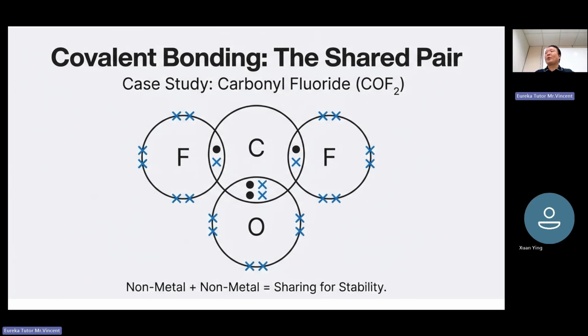The atoms share electrons to achieve stable outer shells. You can see that they become a very steady structure. So remember, covalent bonds are strong within the molecules.